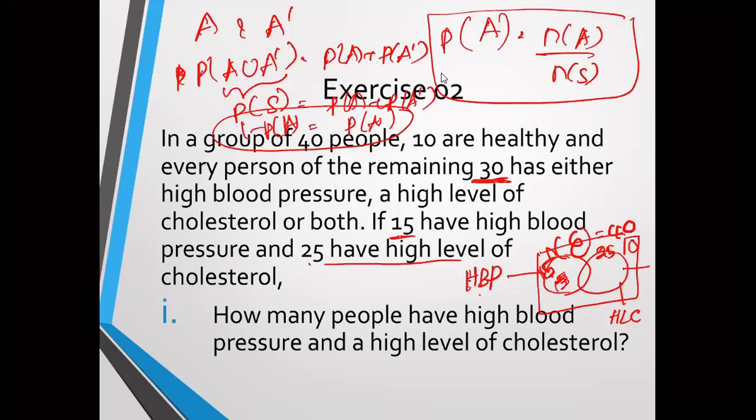So how can we find that value, that number? To find that, we have to use a formula we discussed earlier. What is the formula that we are going to use?